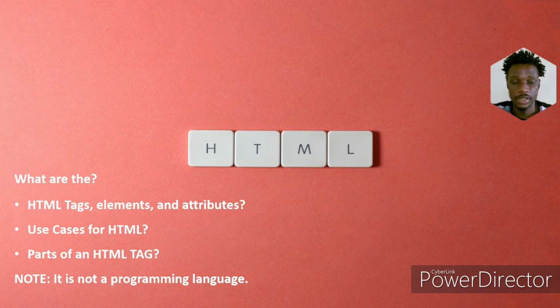Another use case is that we can utilize HTML to format text, just the way we do with Microsoft Word. And the last use case is that some websites have features that allow a user to embed links that link to other websites from that particular website.